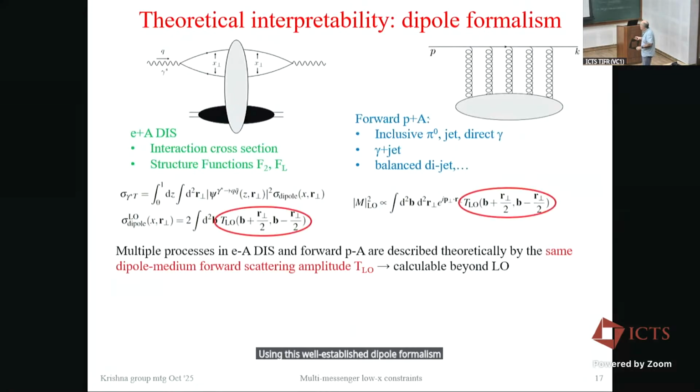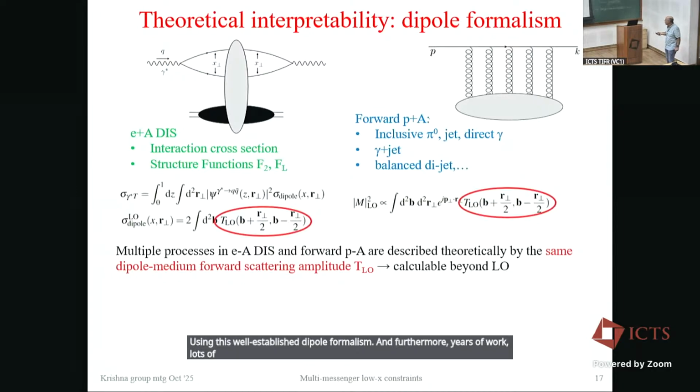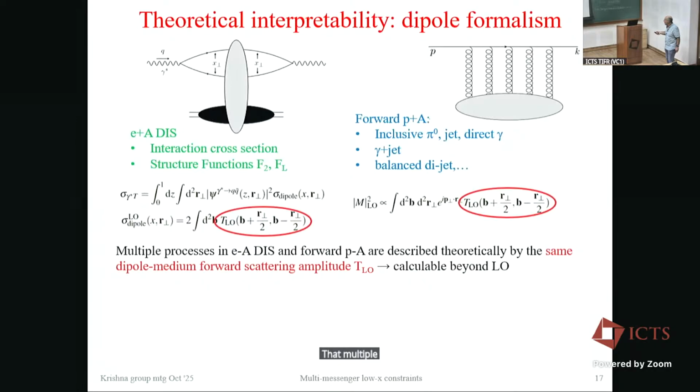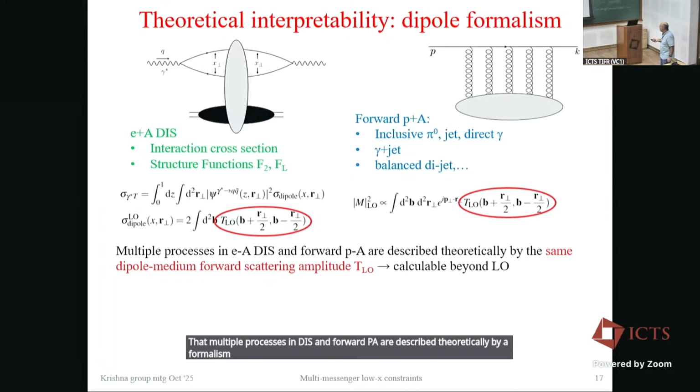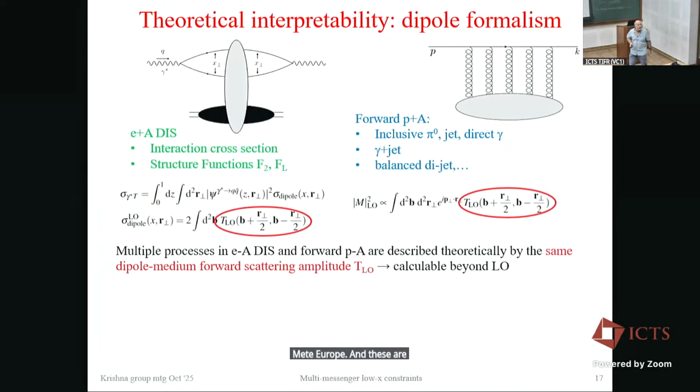And furthermore, years of work, lots of theory effort has gone into establishing that multiple processes in DIS and forward pA are described theoretically by a formalism that incorporates the same forward scattering amplitude, T here. And these are calculable at higher order. So that's a very interesting opportunity.